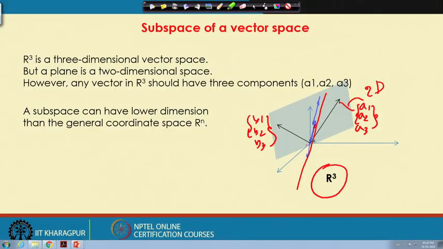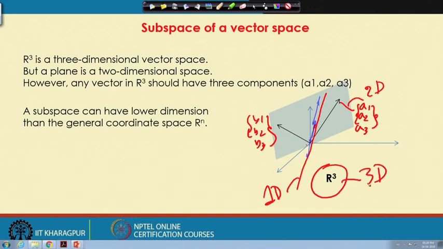So, a subspace is a smaller space within a particular vector space, where the number of components of the vector is the same as the dimension of the real coordinate space. However, the subspace may have a lesser dimension than the number of components in the vector. Here we looked into 2 subspaces: one is the plane, which is a 2 dimensional space, and another is the line, which is a 1 dimensional space, and R3 is a 3 dimensional space.